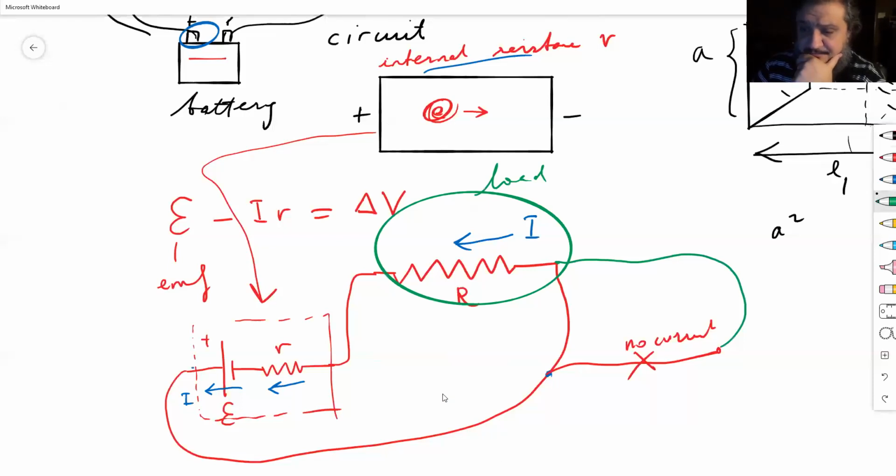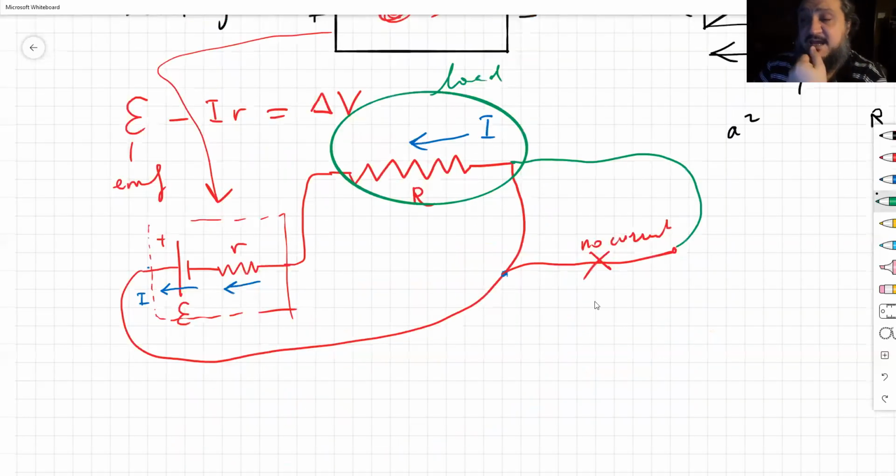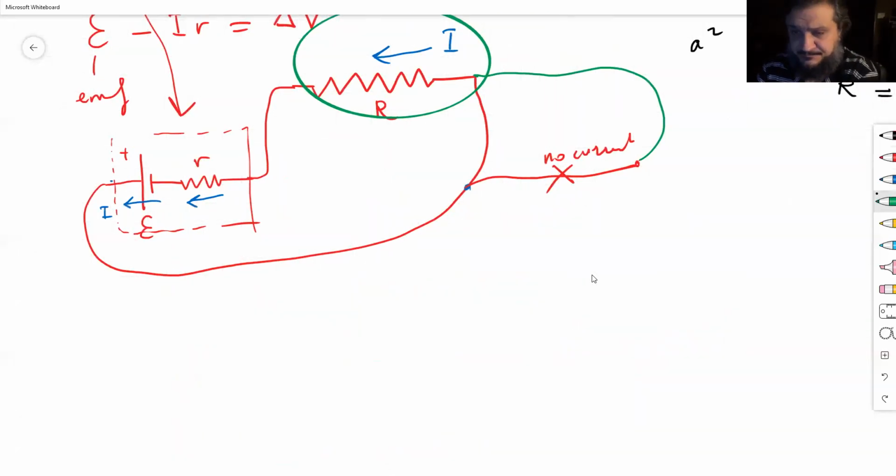Excuse me. So how does delta V, or how does potential in general, change? Let's pick some points here. Let's call this point A. There's nothing here, and this is still point A. But now we cross over and we are here between the two R's. That's point B, the negative terminal of the battery.